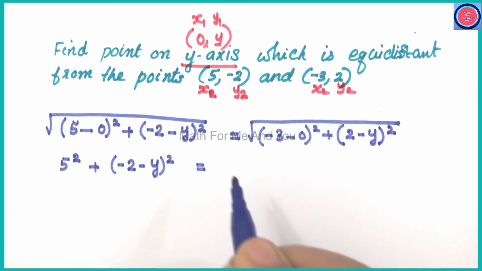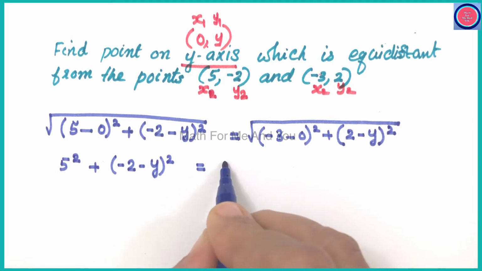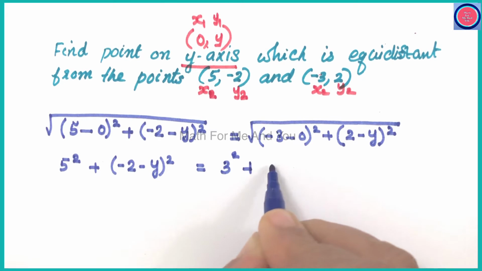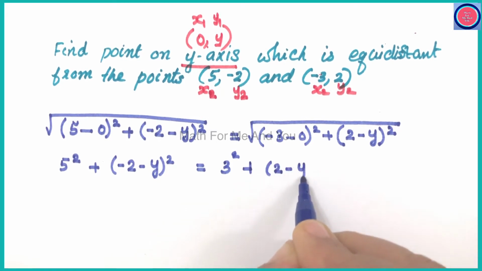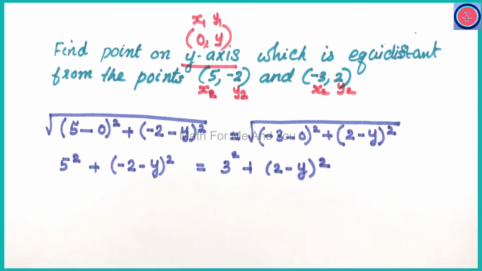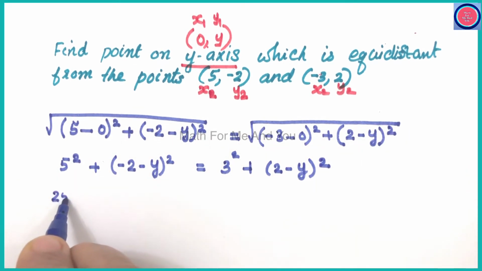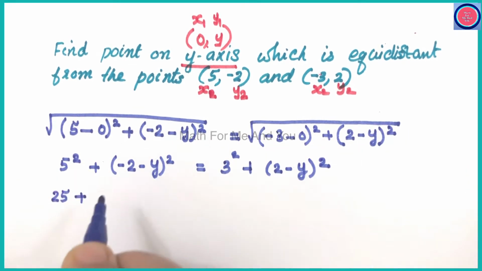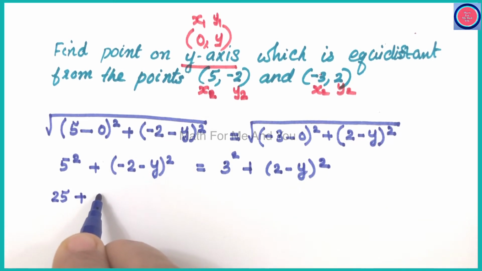What is on the right side? -3 square, or it is 3 square. Then plus 2 minus y the whole square. Left side 5 square, it is 25 plus the bracket we can expand using a minus b the whole square.